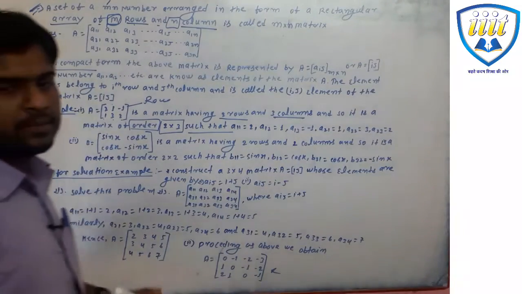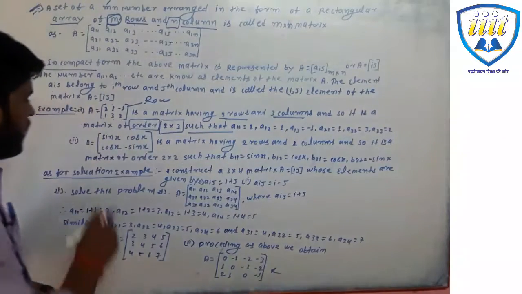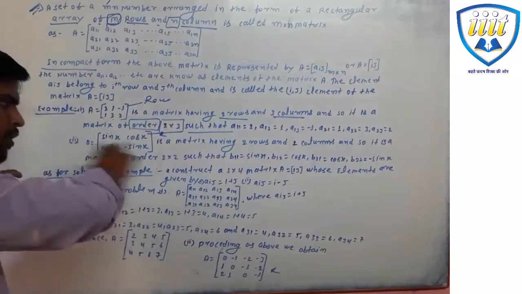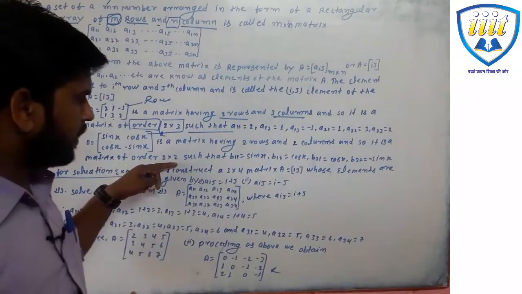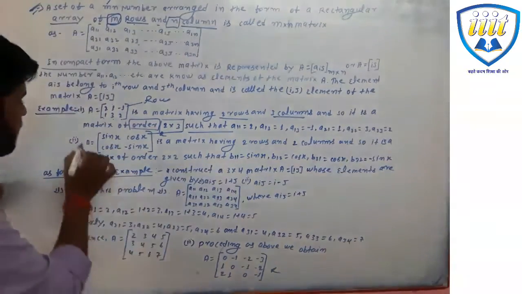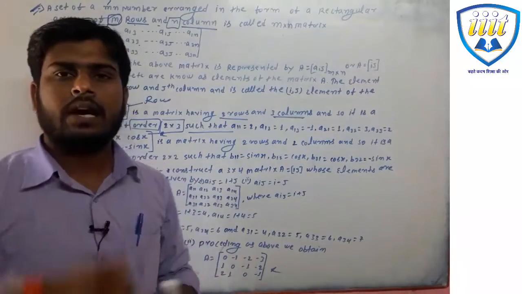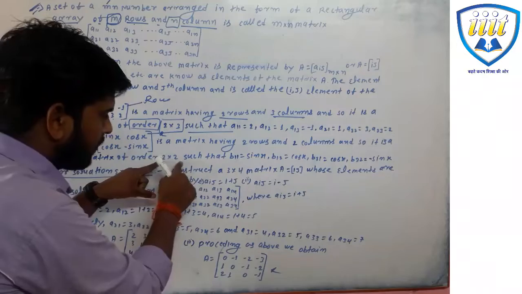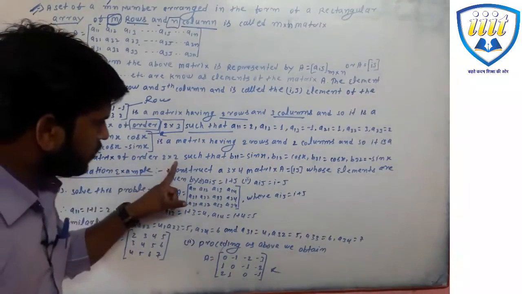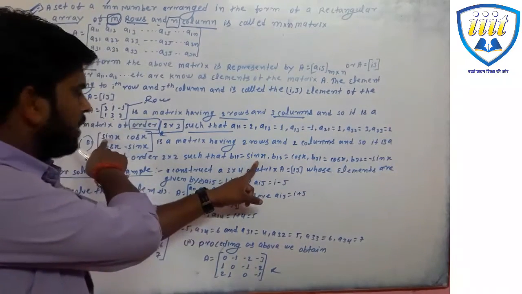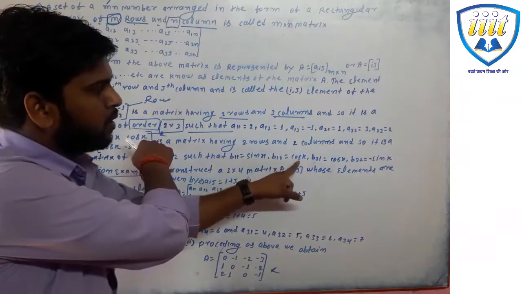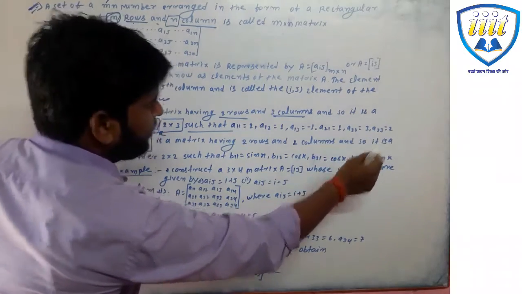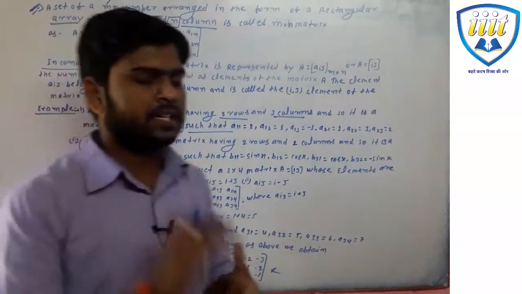Pay attention: once you understand the matrix, you get a matrix of order 2 by 2, such that B11, B12, B21, B22 form a matrix of order 2 by 2, where B11 is sin x, B12 is cos x, B21 is cos x, and B22 is minus sin x.